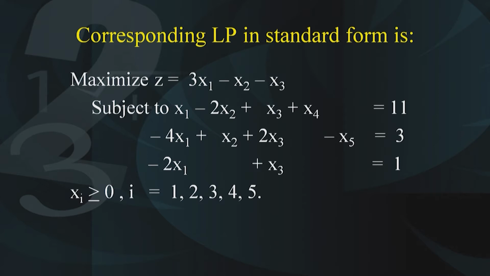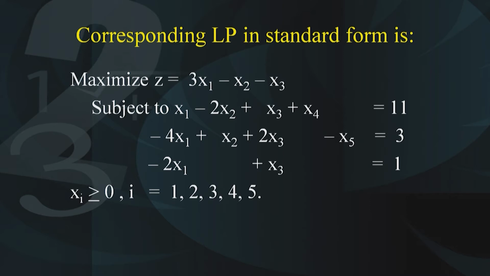The third constraint becomes 2x1 minus x3 is equal to minus 1. Now, as you remember, the LP in the standard form must have the right hand side greater than or equal to 0, but in the given problem the third constraint was having minus 1 in the right hand side, which is actually not allowed.